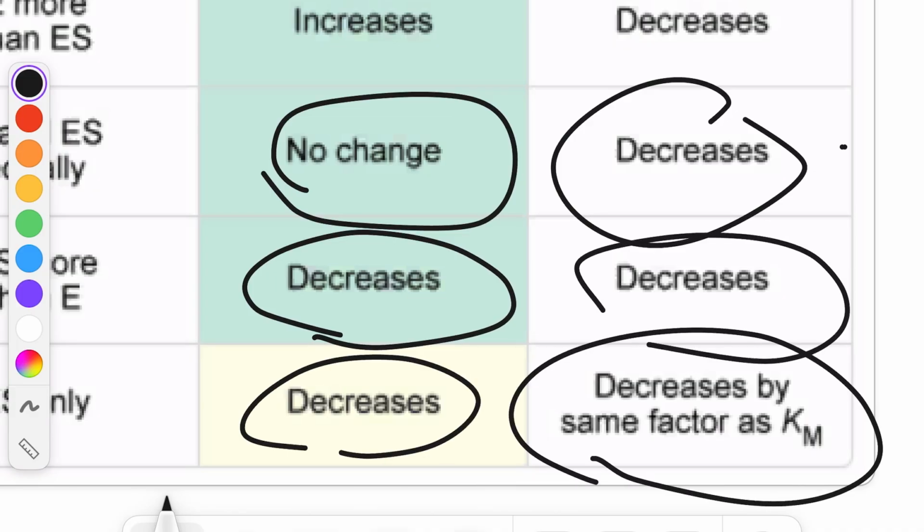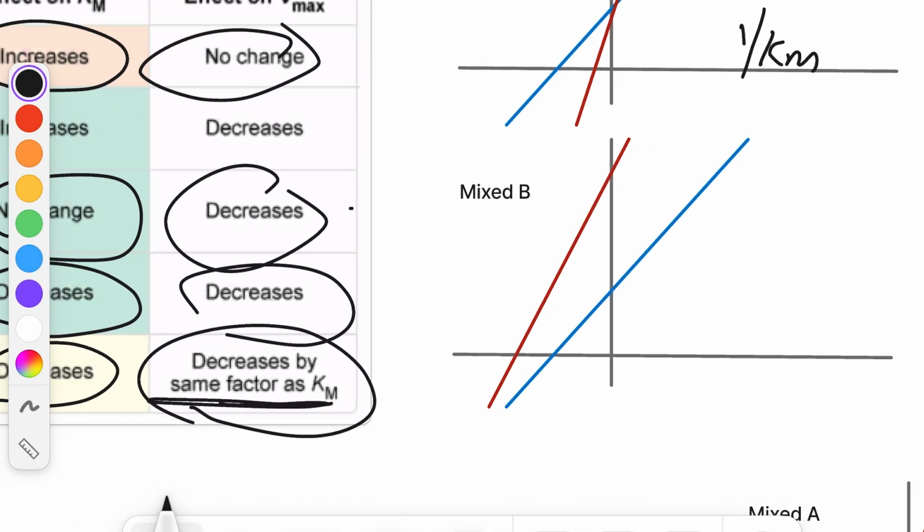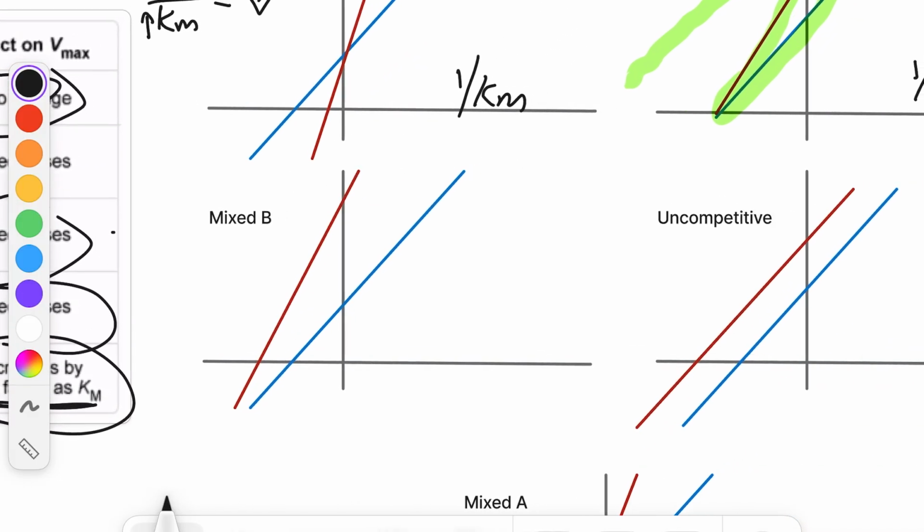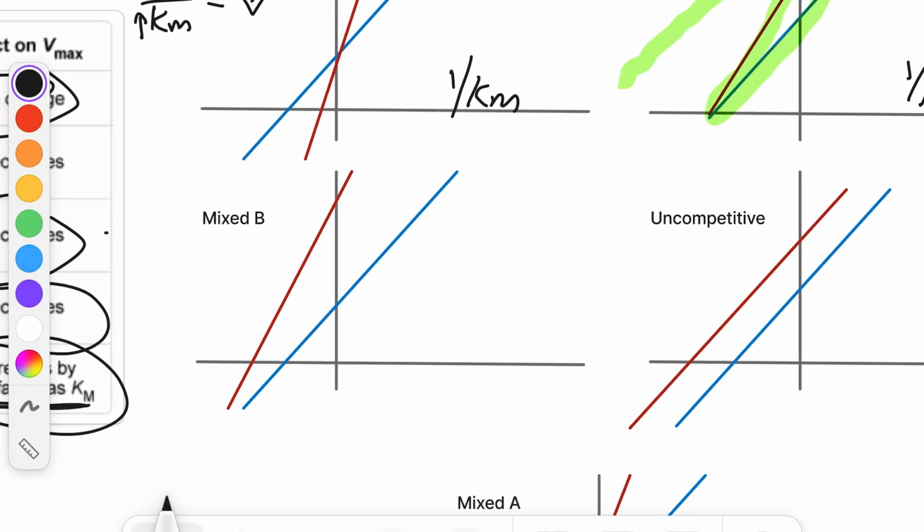Now you notice here with uncompetitive it says it decreases by the same factor as the Km. So there's a slight difference here between mixed B and uncompetitive. So we can see for both of them, for both the inhibited versions, the y-intercept and the x-intercept on both versions gets bigger. Okay, so in other words, the Vmax and the Km are decreasing on both of them.